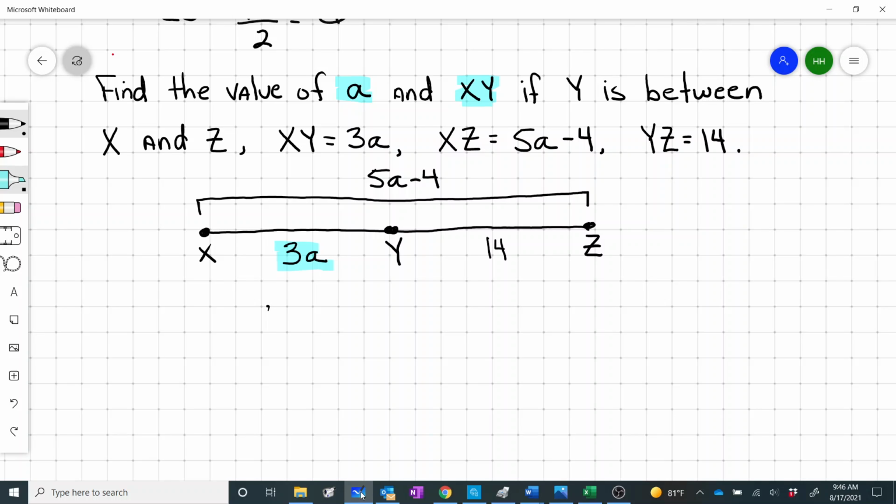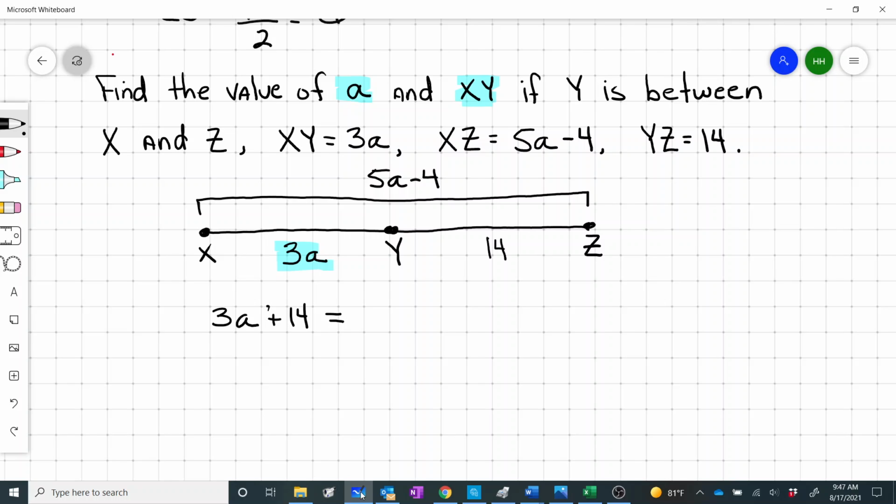So we're going to use that same concept of the two smaller pieces added together. X to Y is 3A and Y to Z is 14. So 3A plus 14. What's 3A plus 14 going to equal in this case? Well, remember now, you can't add something with an A after it to something that doesn't have an A after it.